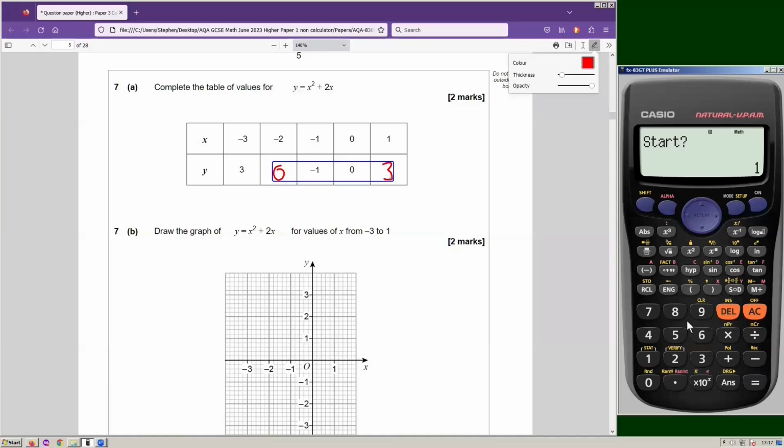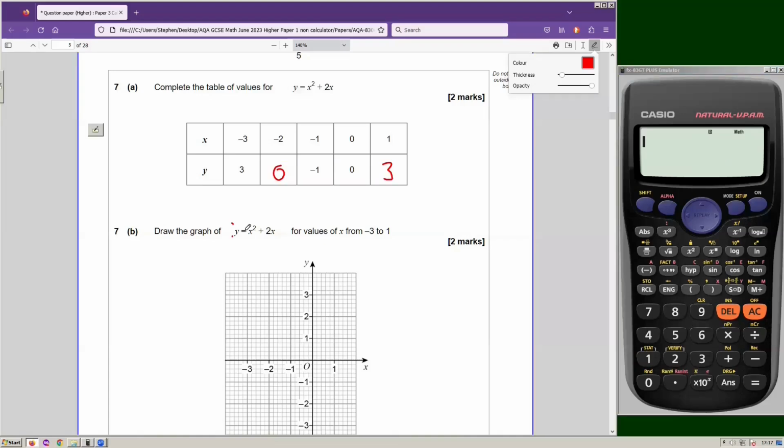It's starting from minus 3. It's ending at 1. It's going up in steps of 1. And there it is, there's all our values. When minus 3, we got 3. If we go down all the way to 1, at 1 we got 3, so it works. We'll change it back to computation. Now we've got to draw the graph of it.